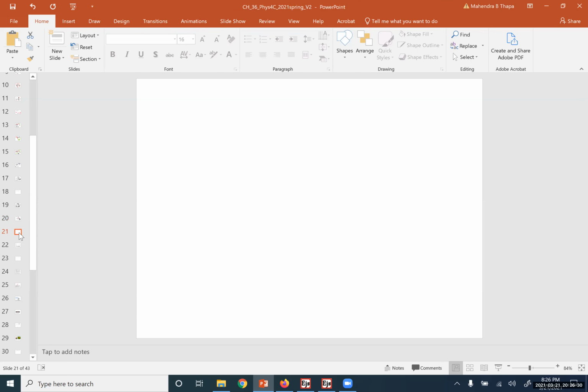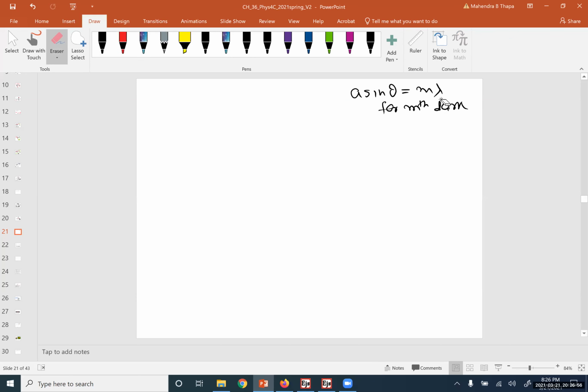We know that before, a sine theta equals m lambda. We know that this is for the m-th dark fringe, dark spot.